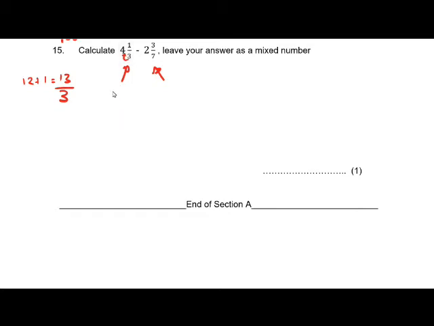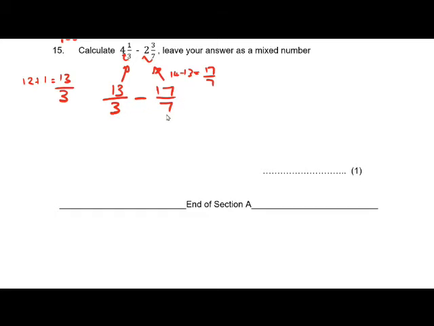This mixed number is the improper fraction 13 over 3. This improper fraction is 7 times 2, which is 14, plus the 3 we've already got, which is 17, and it still needs to be divided by 7. So our problem becomes 13 over 3 take away 17 over 7.